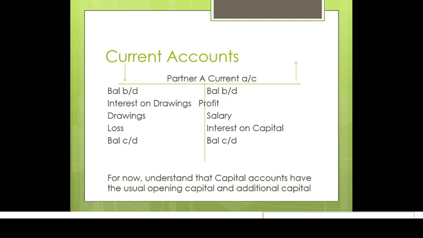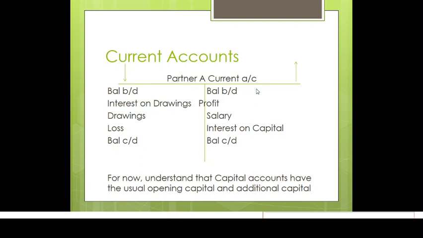Let's have a look at the current account. This is an example of what a current account looks like. Like I mentioned before, anything on this side increases, anything on the debit side decreases. The first thing I'm going to highlight is balance brought down. You can see balance brought down is on either side.